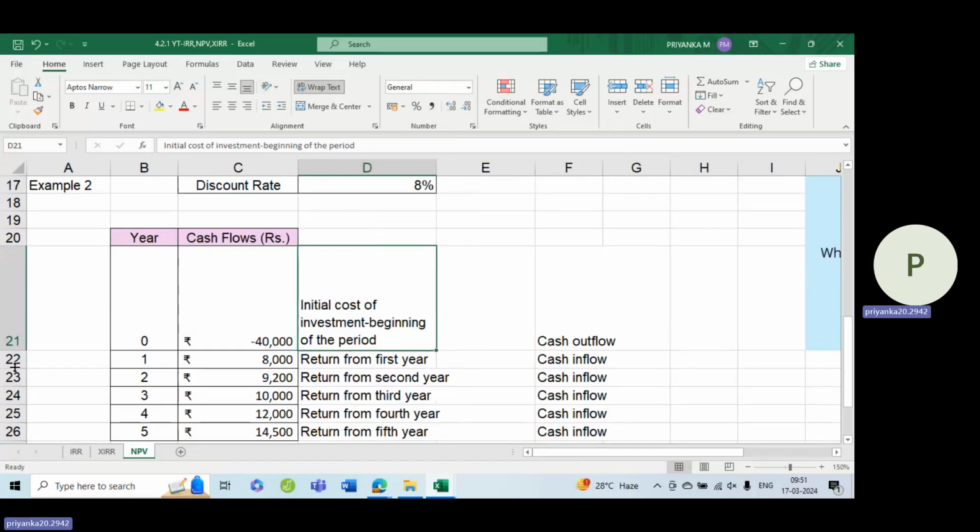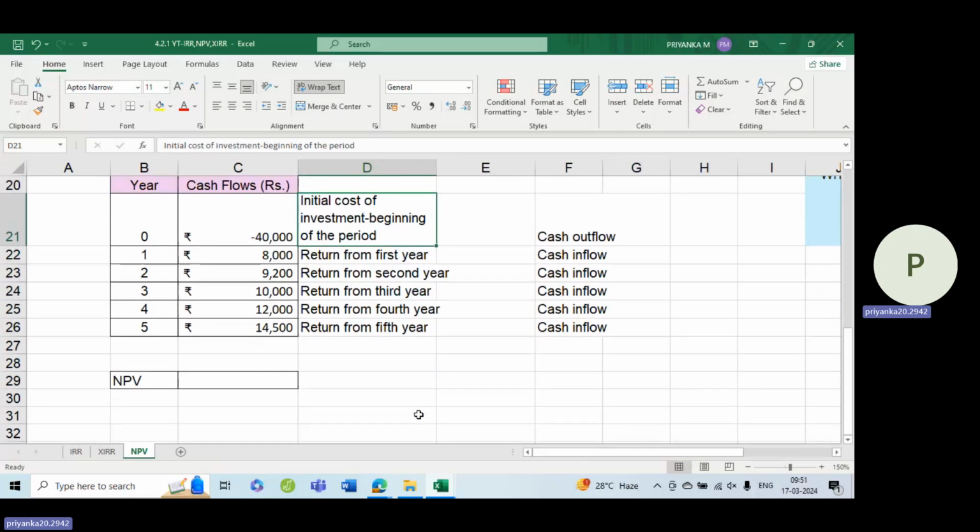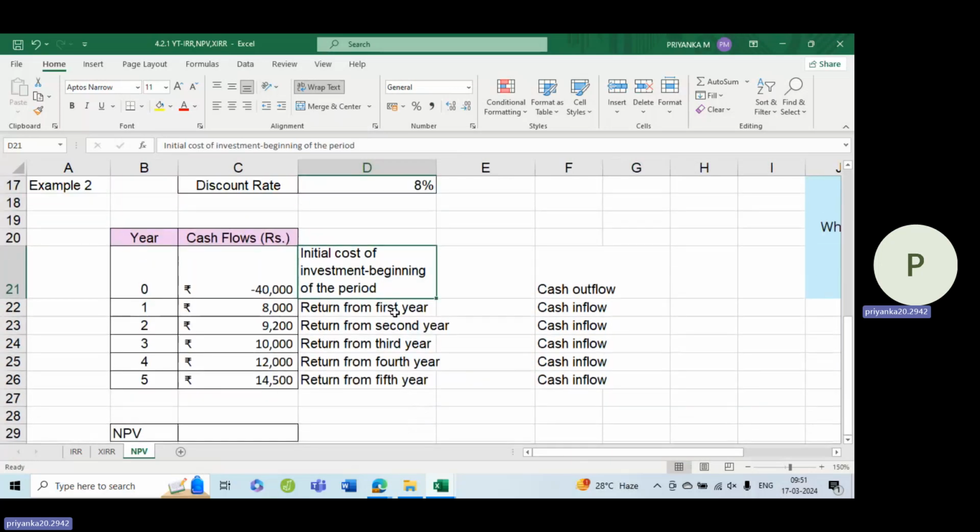If, for example, in the question we are given only the initial cost of investment, you need not consider it as in the first example model. Always consider it as made at the beginning of the period, when only the initial cost of investment or cash outflow is given.